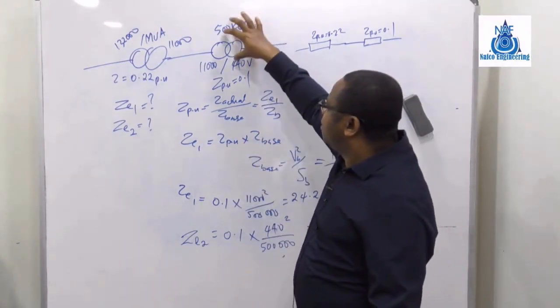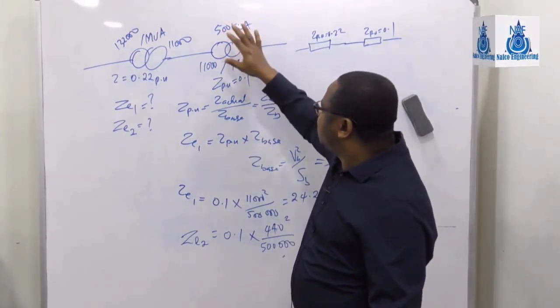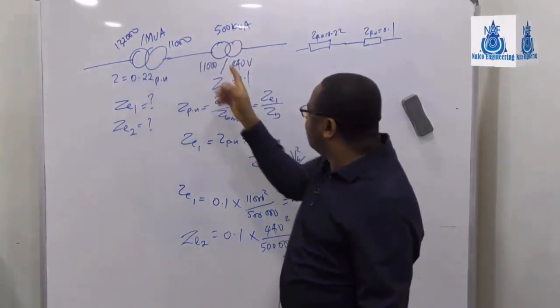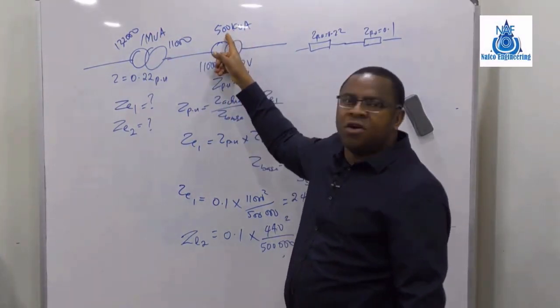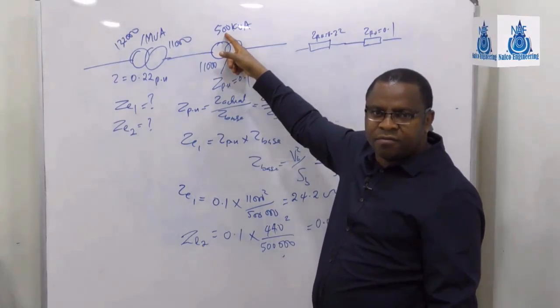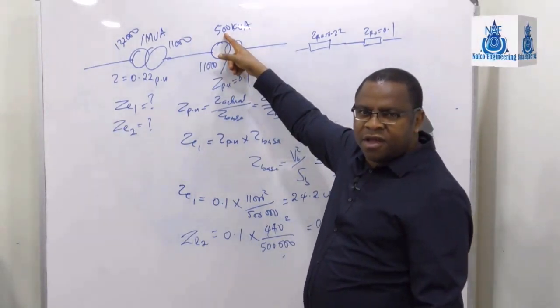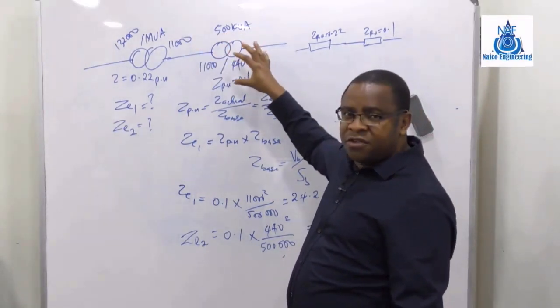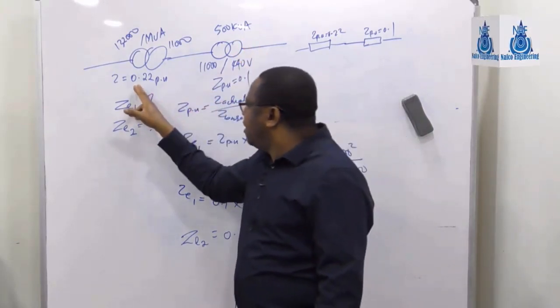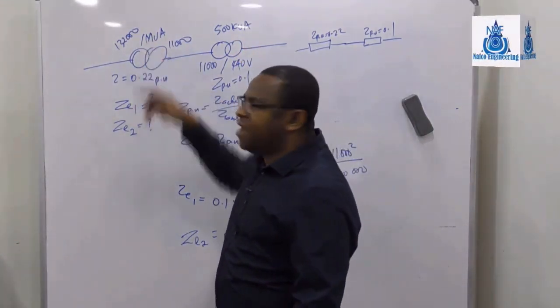And when it is shorted, the rating of this transformer is different from this. So this 0.1 is based on 500 kVA, that voltage drop. But here, this is based on 1 MVA.